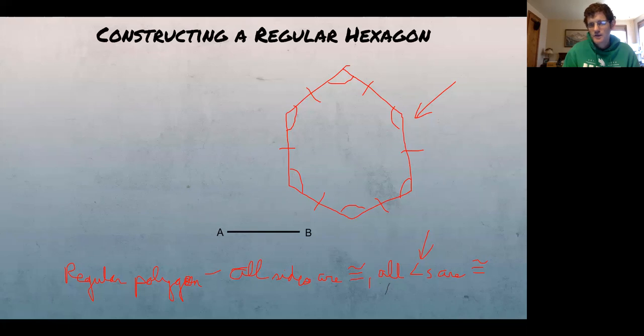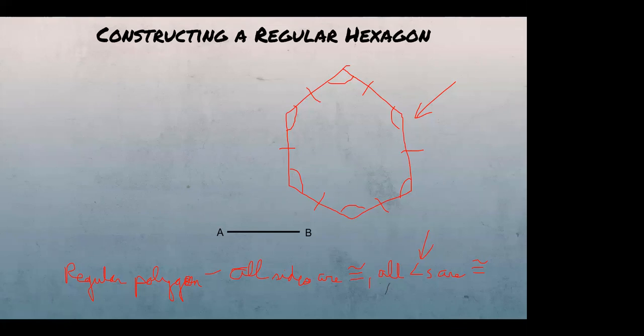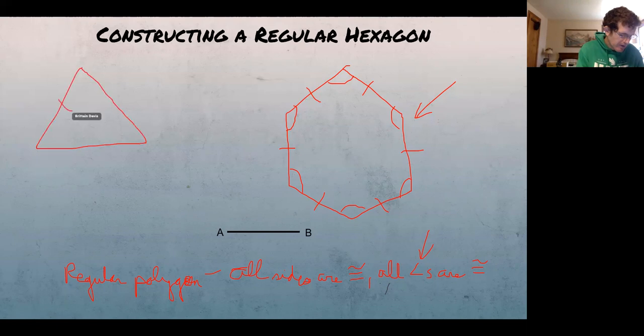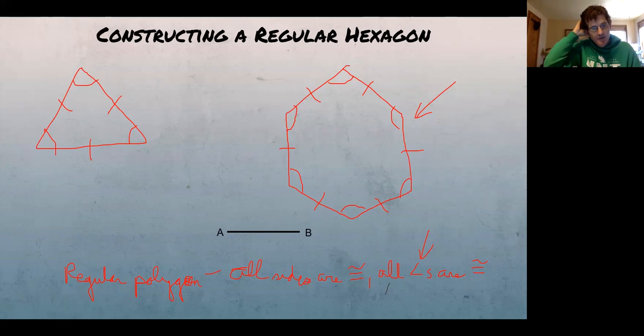You constructed one of these yesterday. Is it the equilateral triangle? There you go. Very good. So this is a special case where the equilateral triangle is a regular triangle. So you could call it either one, but we have a special name for it. We call it equilateral. What is the special name we have for a regular quadrilateral?